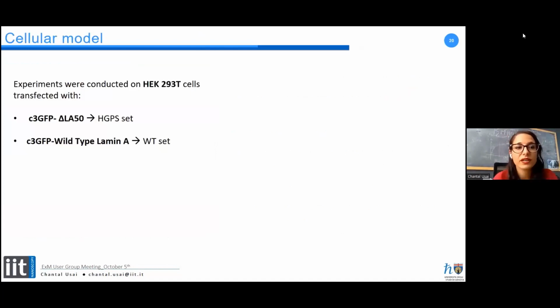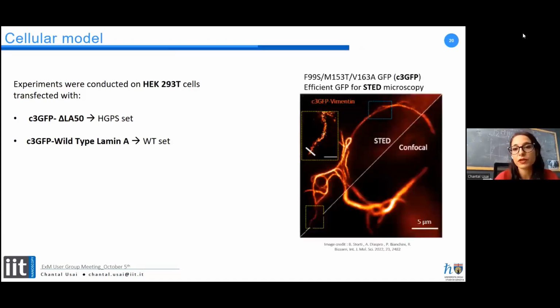Our cellular model is based on human epithelial kidney cells, and we have 2 groups of cells in order to perform a comparative analysis. In the first group, we induce the expression of the modified protein delta L50, while in the second one, we examine the wild type form of the lamin A. Both are tagged with C3-GFP, which is a modified version of the GFP protein that has been shown in the past to be efficient for cell microscopy.